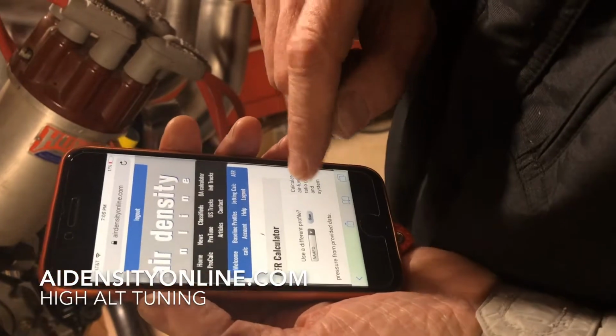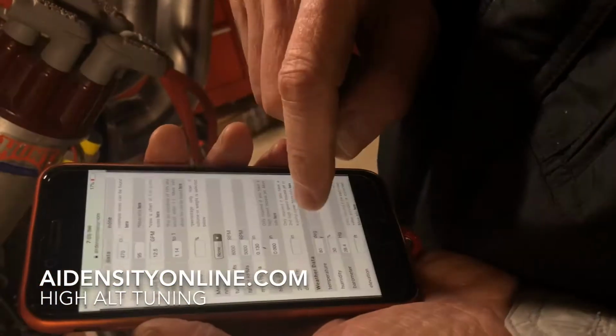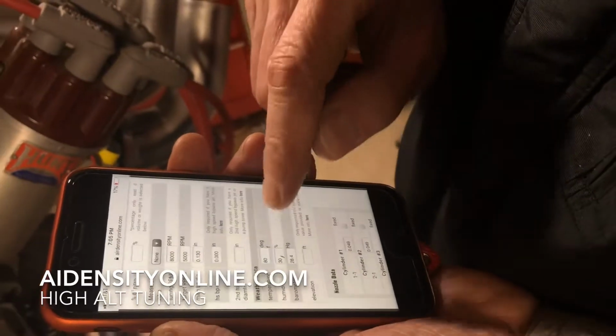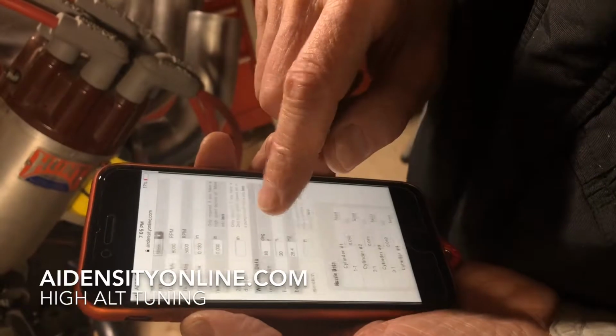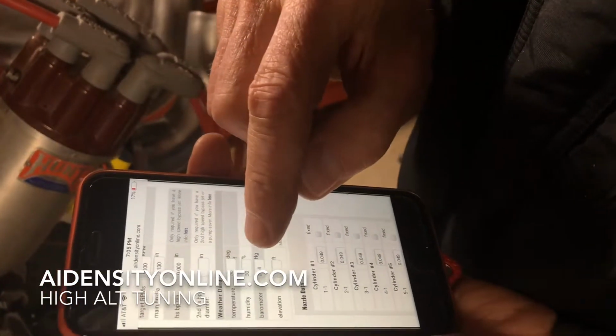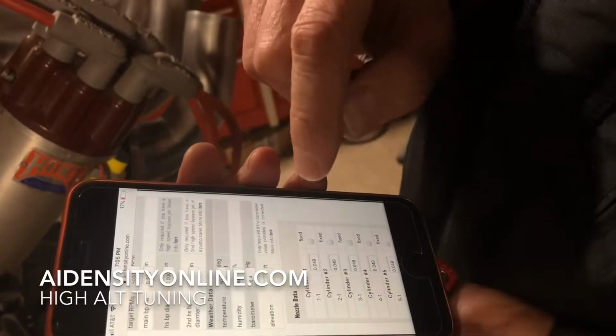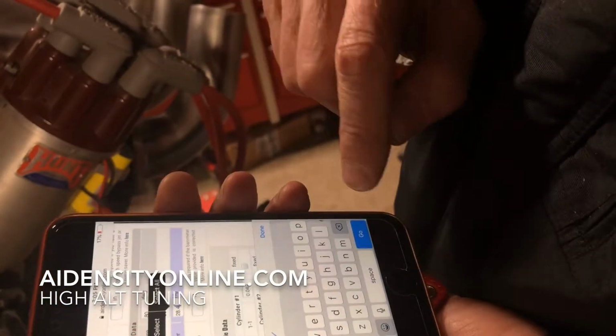I'm in my air to fuel ratio calculator, and I've got to enter my weather to see what kind of overdrive we're going to need to change this. It's going to be typically an 80-degree day, about 30% humidity, but the barometer is going to be about 26.8.